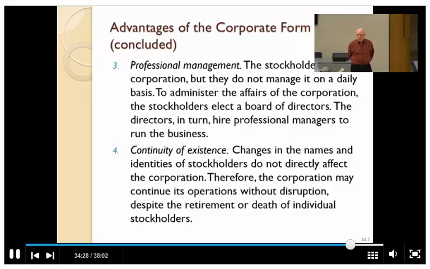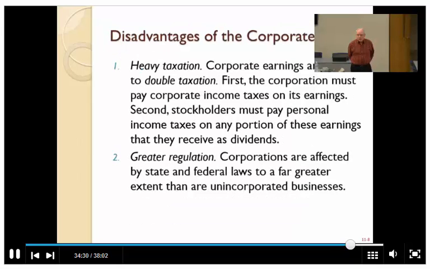All right, now, the biggest disadvantage of the corporate form of business is this concept called double taxation. Dividends are paid out of net income after taxes. So income has already been taxed inside the corporation.